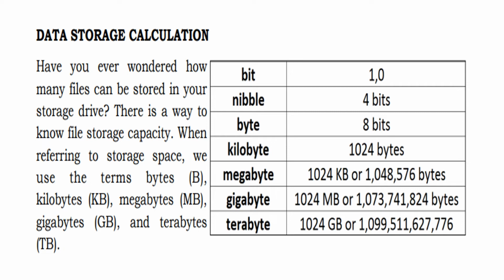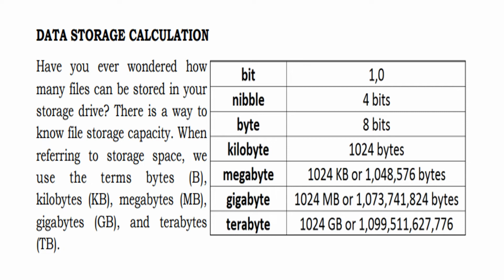For 1 gigabyte, the equivalent in MB is 1024 megabytes, or 1,073,741,824 bytes. 1 terabyte is equivalent to 1024 gigabytes, or 1,099,511,627,776 bytes.